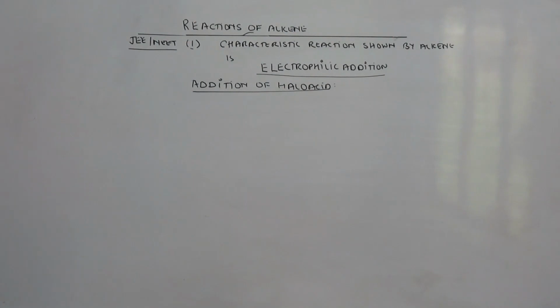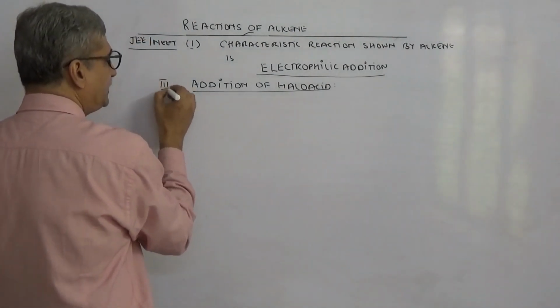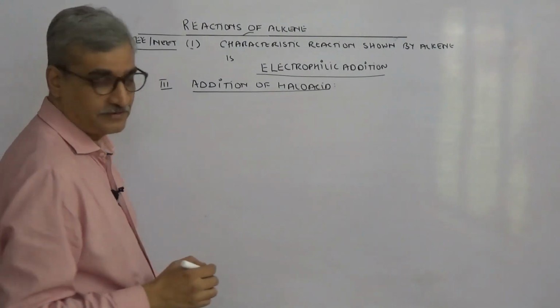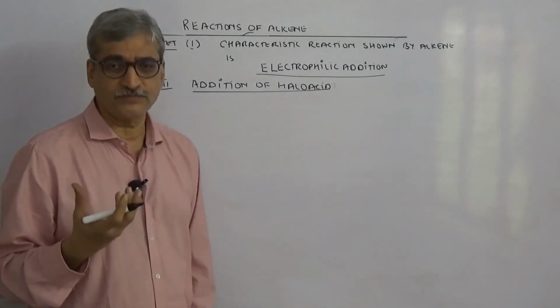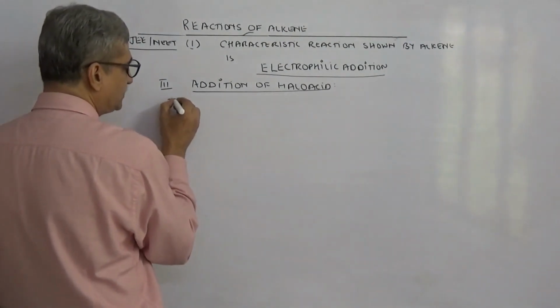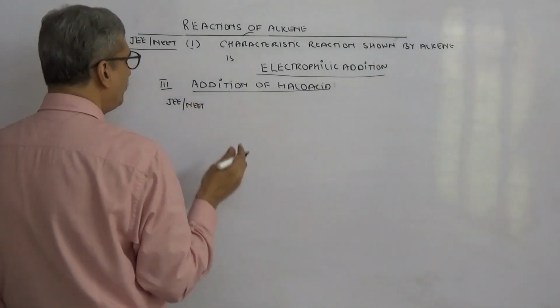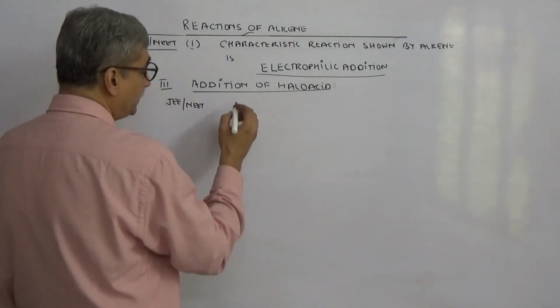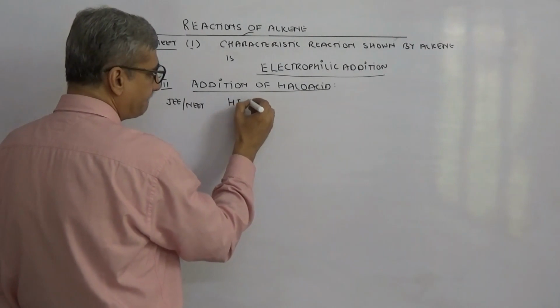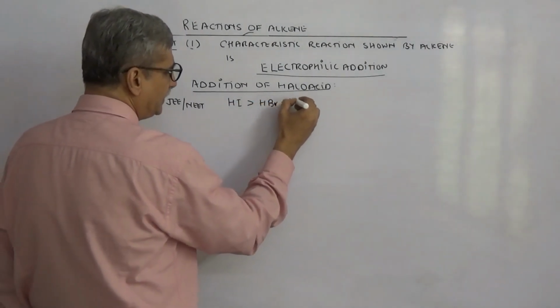We now come to the next reaction, the third reaction, that is addition of halo acid. Obviously the first topic that we are going to discuss is the reactivity, for our JEE NEET. Reactivity is HI greater than HBr greater than HCl.